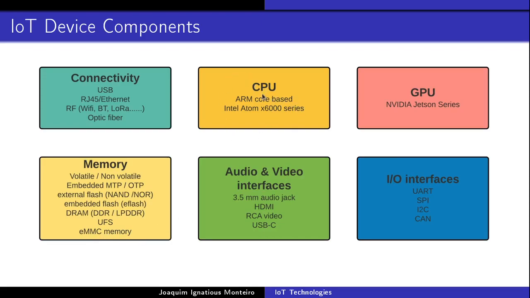Then the CPU: most of the IoT boards, hardware, are ARM core based devices. Most of them, I don't say all of them. There are other variants also. Intel has an Intel Atom x6000 series, which is configured for IoT.